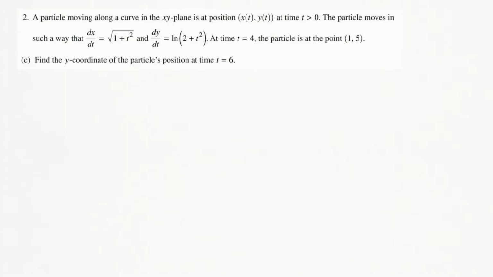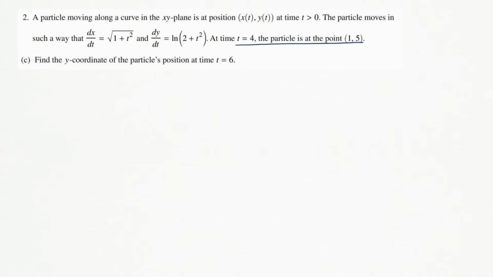Part C, it says to find the y-coordinate of the particle position at time t is equal to 6. Since we're only dealing with the y-coordinate, we can disregard the dx dt. And the problem gives us a starting point, which is the location of the particle at time t equals 4.